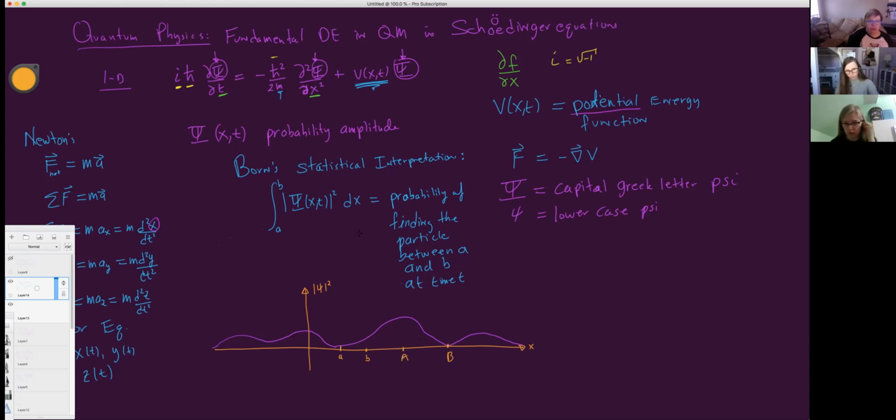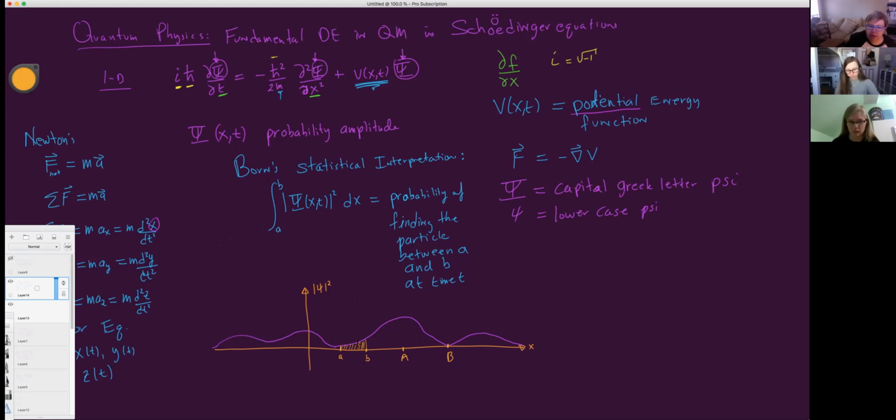All right. So if we look at the integral that we made already, that would be the area under the curve right here between, right? Because we're integrating psi squared between little a and little b, right?